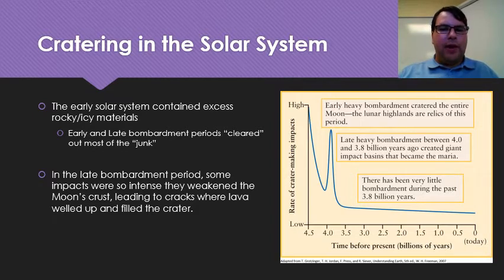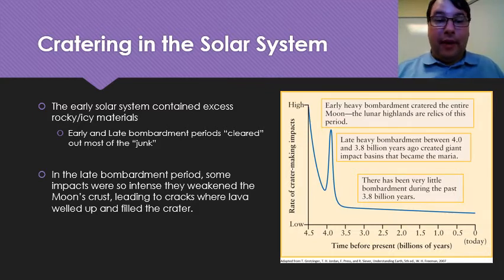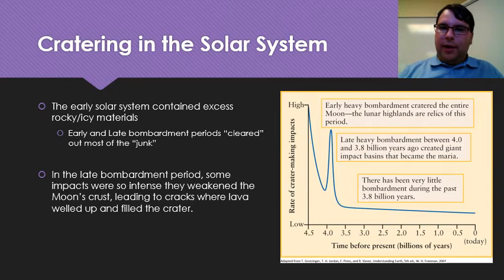So we have the early heavy bombardment, which is quite literally where the moon got most of its craters. And we get to see some other objects, such as Mercury, getting some of those craters as well. The late bombardment period, which happened a little bit later, if you will, but it was the last big time frame that we had where a lot of objects came in and struck the planets.